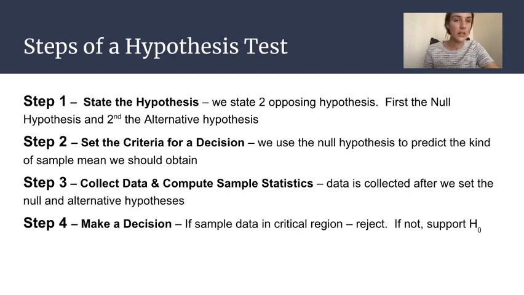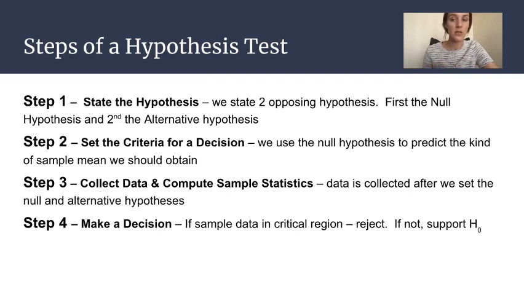Then we set criteria for a decision, okay? We'll elaborate on this in a minute, but this is based on probability. So if we're making a comparison of 2 things, what's the probability that they're going to, say, be the same or be different? We will get to that shortly.